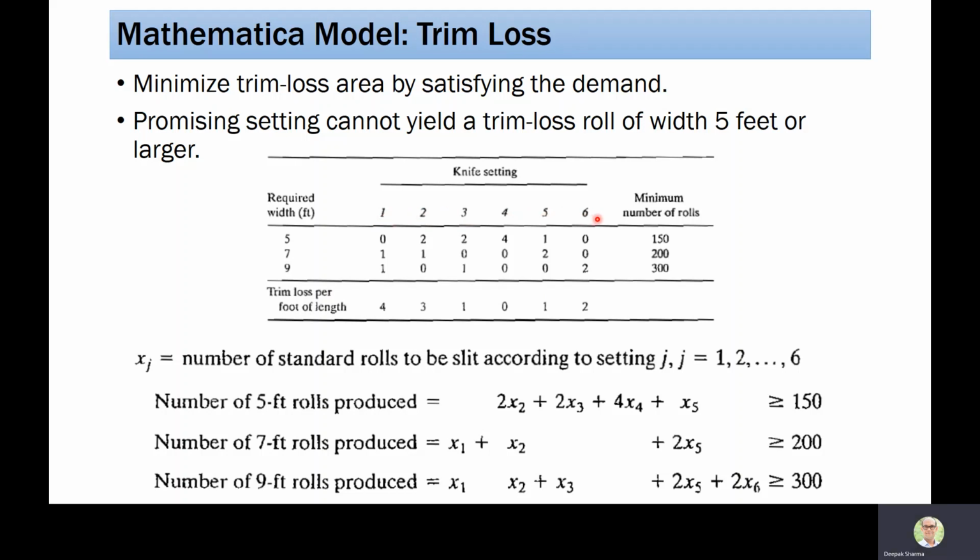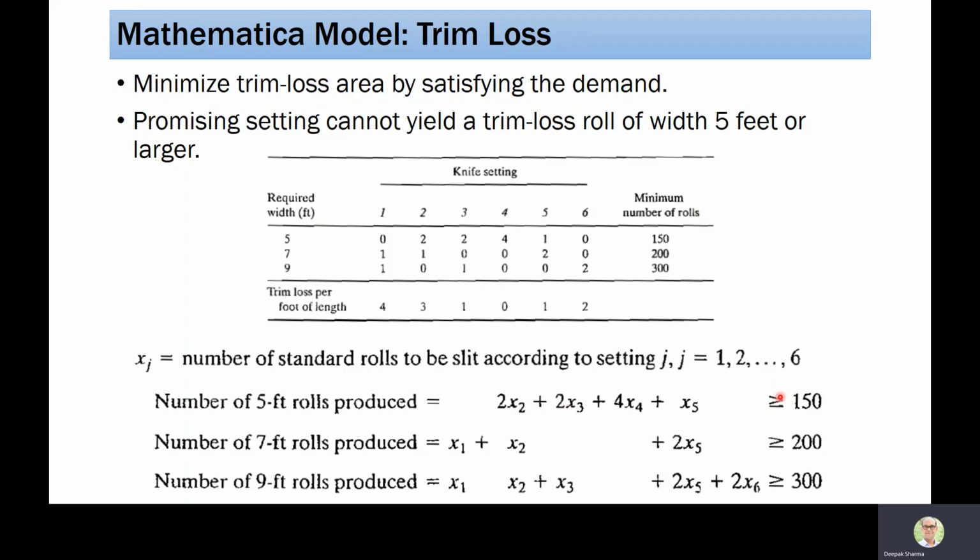When we are cutting these slats, our demand for 5 feet is given. How can we get it? So 0x1 plus 2x2 plus 2x3 plus 4x4 plus x5 plus 0x6, and the minimum demand is 150, meaning I am going to write the same equation and the demand is 150.